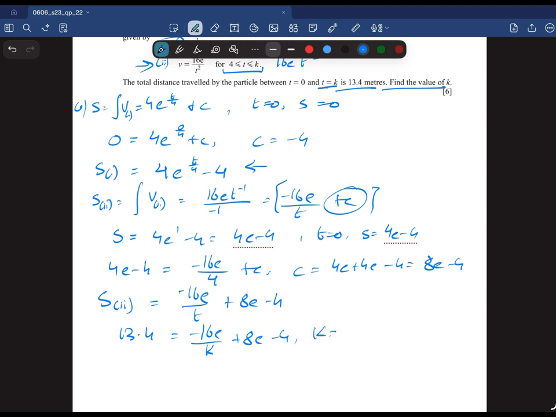Solving for k, let's first rearrange: 13.4 minus 8e plus 4 will be equal to negative 16e upon k. K would be equal to negative 16e upon this.